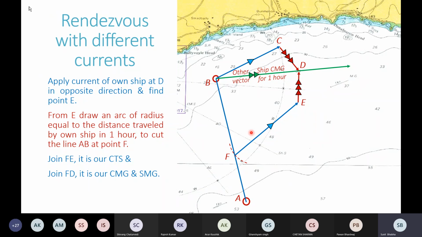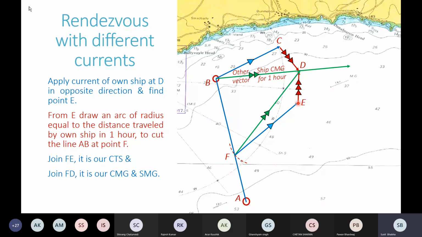Now, if we join Foxtrot with Delta, FD, let's join it. This vector FD, which we are seeing here, is basically our course made good vector. As you can see here, the blue color vector Foxtrot Echo is our course steered vector.